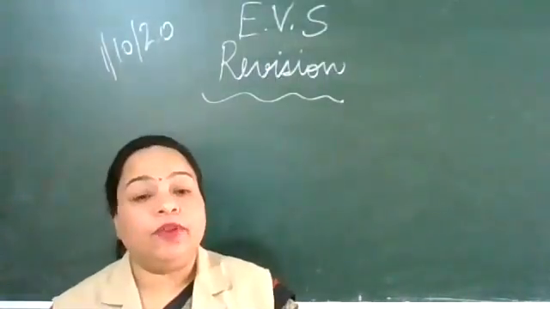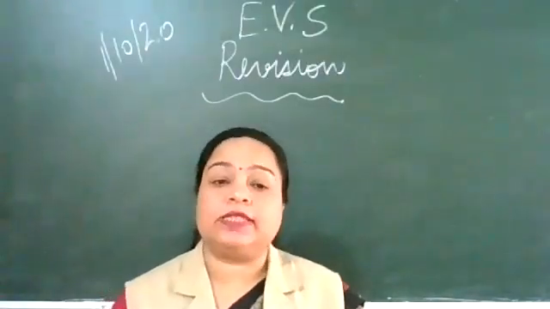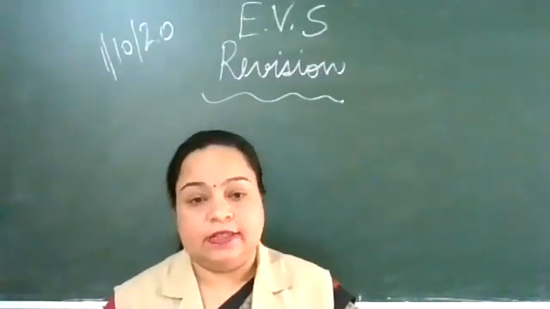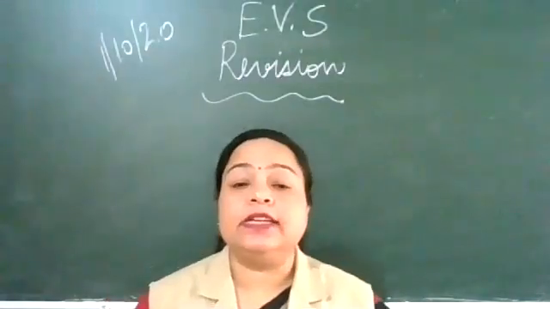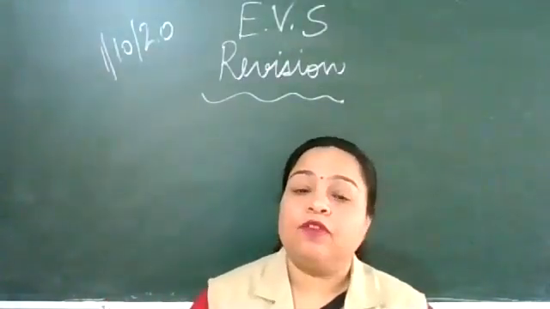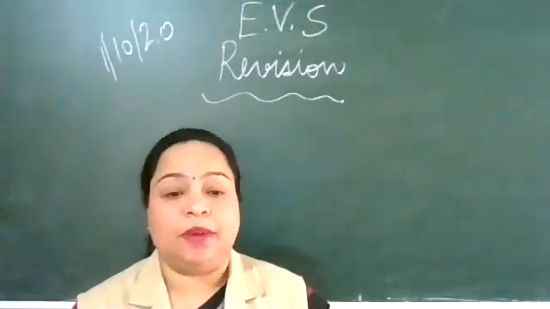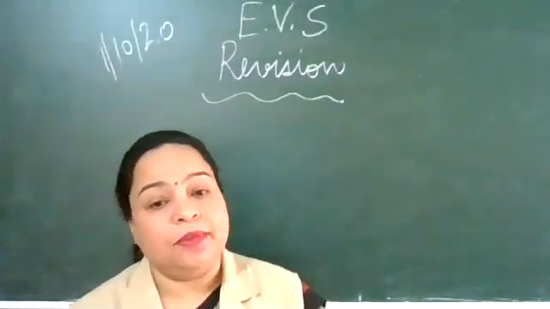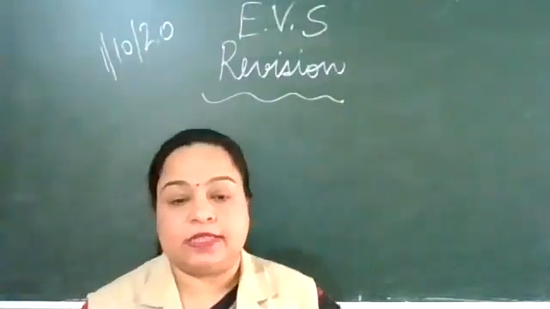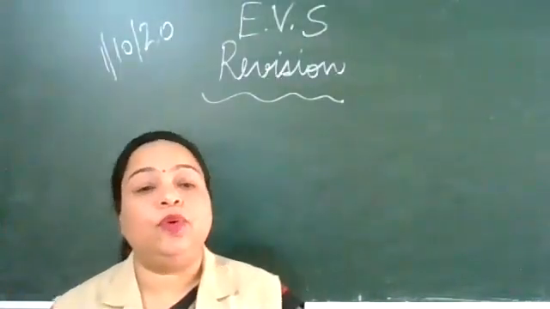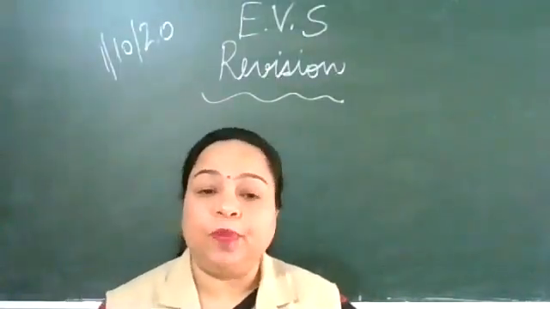So we have given you two projects. One is for your periodic test, and another is for your term one. For EVS, you don't have the written exam, or you can say an exam of questions and answers. So you have to do two projects.